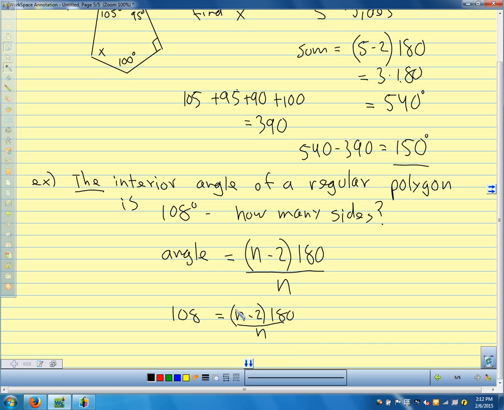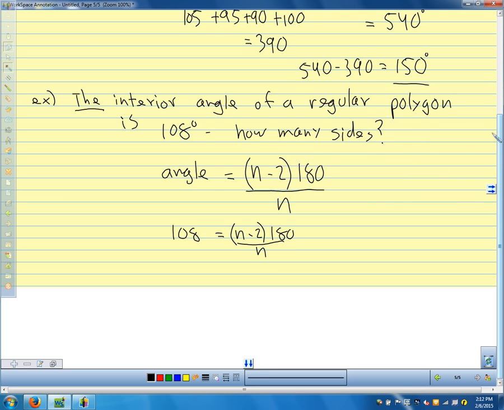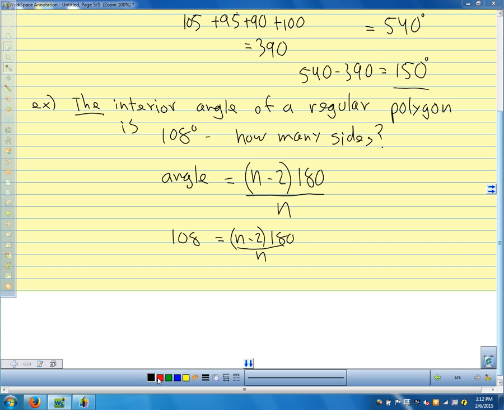So first thing I see is this n in the denominator here. How do we deal with that? Multiply both sides by n. Perfect. Those cancel. So I get 108n equals n minus 2 times 180.